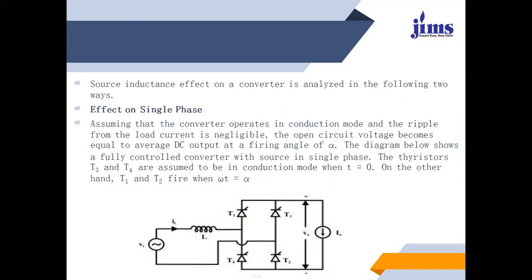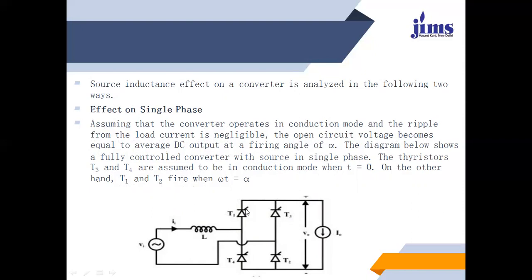First, the effect on a single phase device, with single phase supply. In the circuit diagram, we assume that after the source there is some inductance already placed in the circuit. With the single phase supply, there are four thyristors, and the inductance acts as the source inductance.